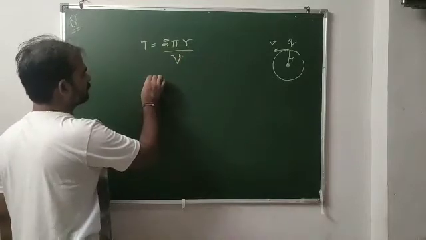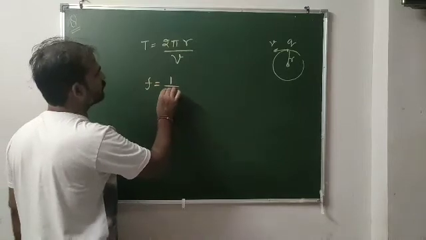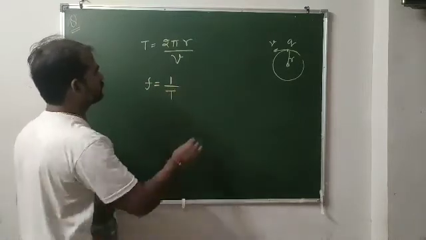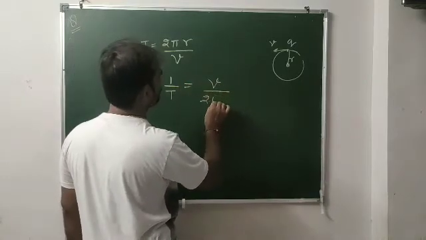We know that f is equal to 1 upon T, frequency is equal to 1 upon time period. So what will be the frequency? v upon 2 pi r.